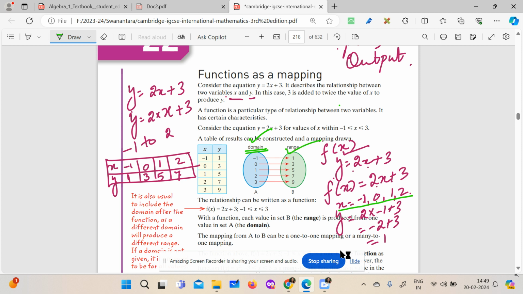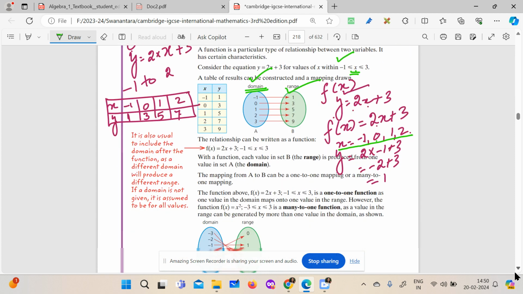To say in simple terms, input is domain and output is range. Is this clear to you? Yes, Miss. You must know how to write the domain. Domain refers to x in this function, so I will write it as x is greater than minus 1 and x is less than or equal to 3. Is this clear? Yes, Miss.